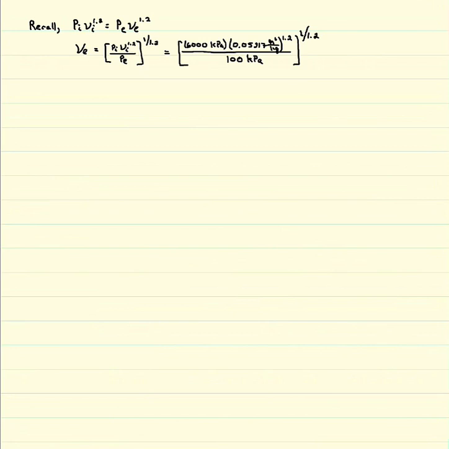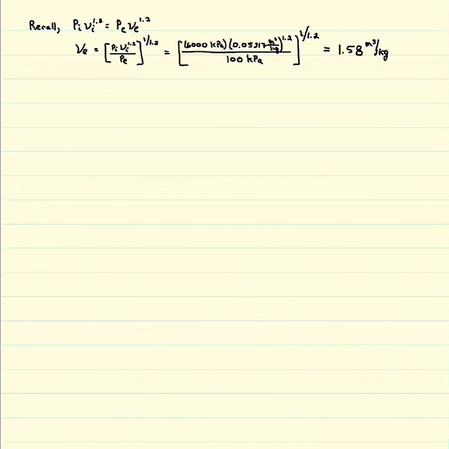Okay, so we can plug that into our calculators, and when we do that, we'll get a number that's equal to 1.58 cubic meters per kilogram. So that gives us now our exit specific volume.